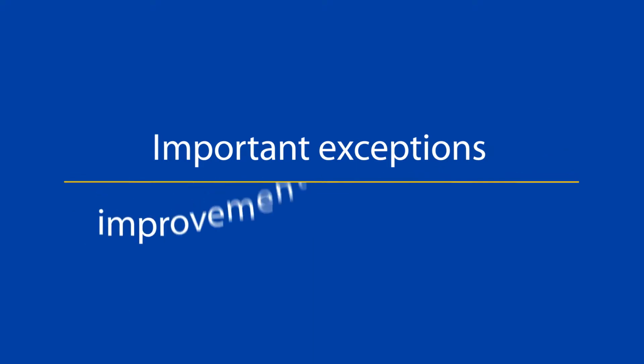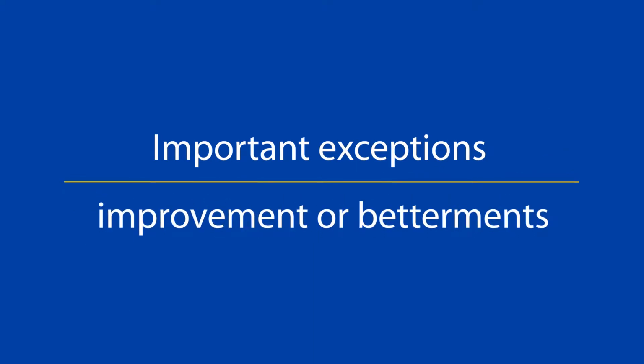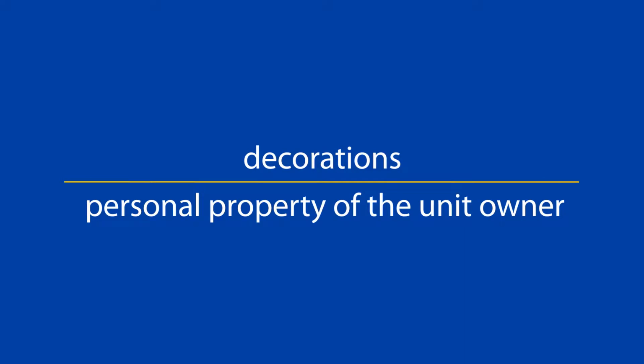So what's the condominium's legal obligation after a casualty occurs? And that depends on what's damaged. All right? As I said, the typical casualty clause says the condominium has the obligation after a casualty to restore the building, including the units and the system serving the units, but there are a number of exceptions in the clauses. The important exceptions include improvements or betterments made by the unit owner or his predecessor to the unit, decorations like paint or wallpaper, and personal property of the unit owner.